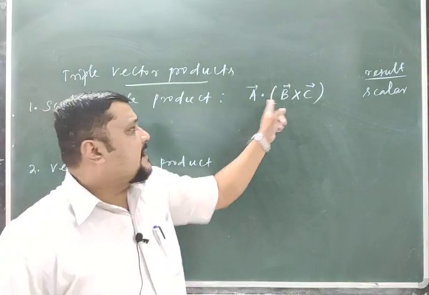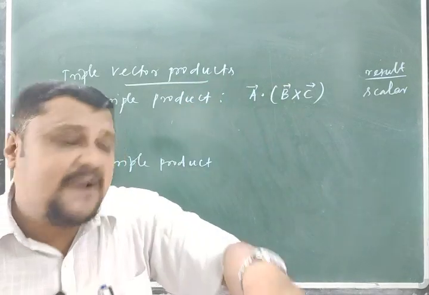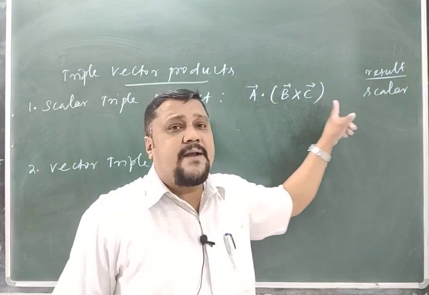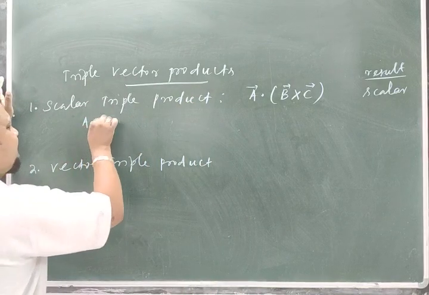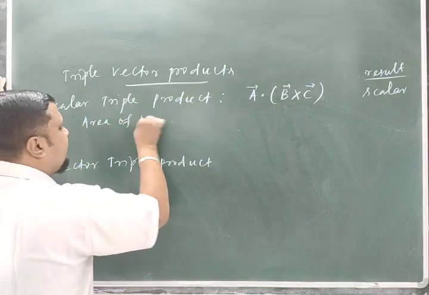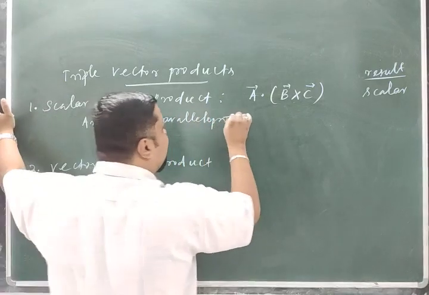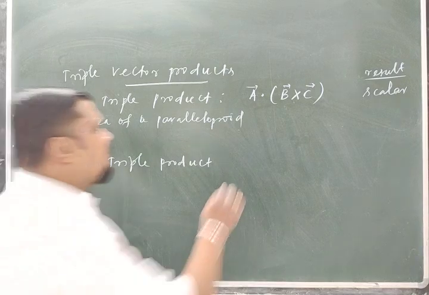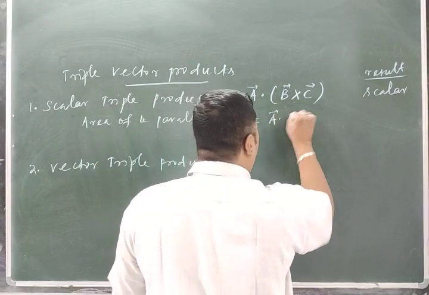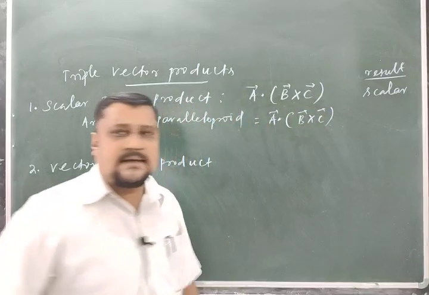Then this triple product, if A, B, C are the 3 sides of the parallelepiped, then the volume of the parallelepiped is equal to A dot B cross C. So this scalar triple product gives you the area of a parallelepiped. Area of a parallelepiped is equal to A dot B cross C. Remember?